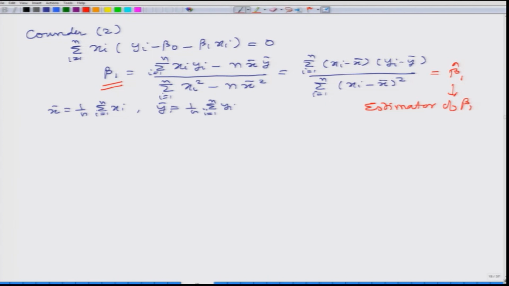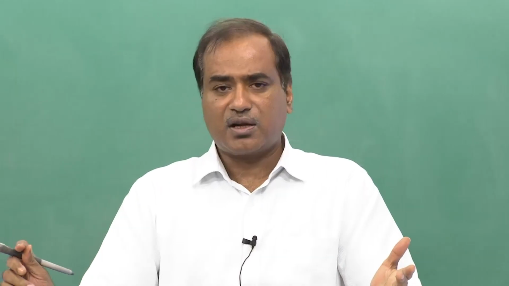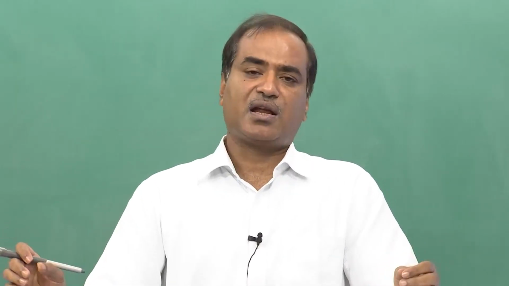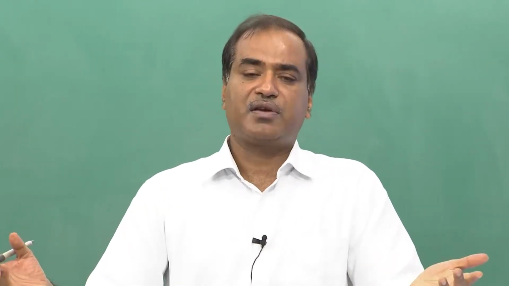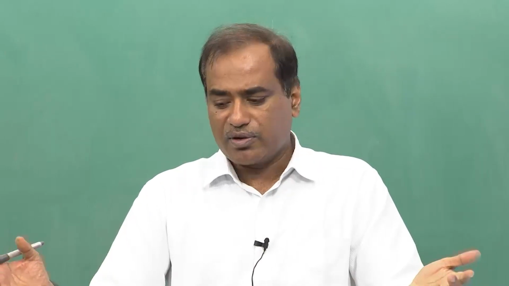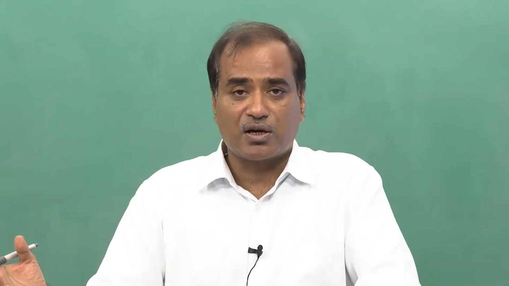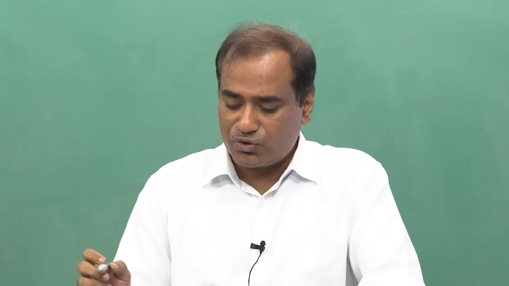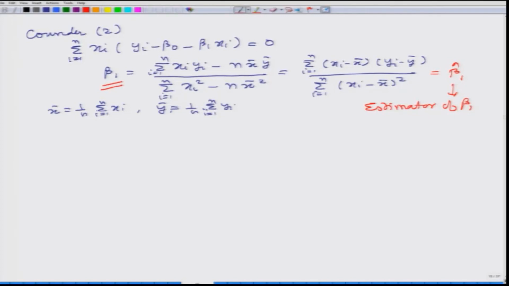In simple terms, an estimator means the value of the parameter that can be obtained on the basis of a given set of data. I have a parameter beta 1 whose value is completely unknown to us, but using my observations I can compute it from this expression. So, this is an estimator of beta 1.